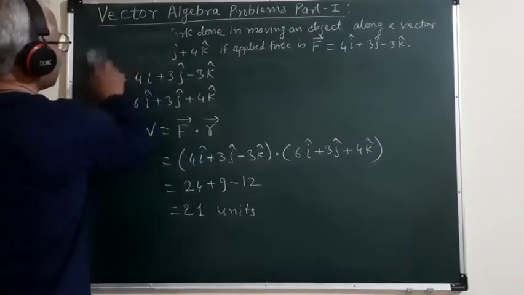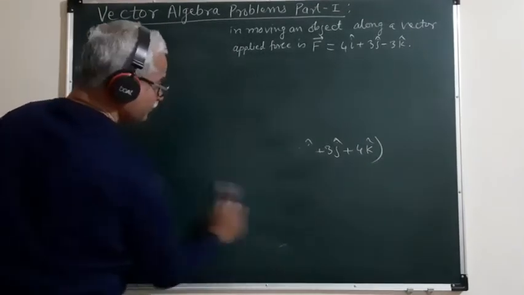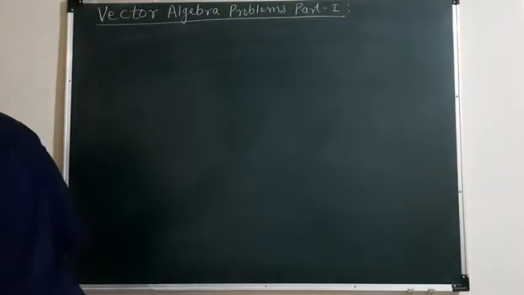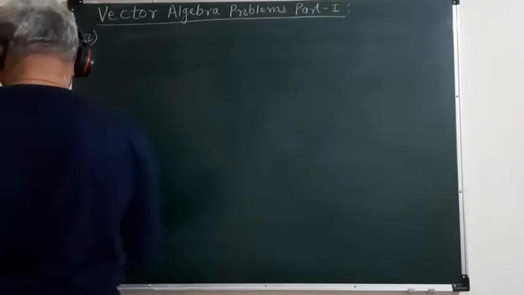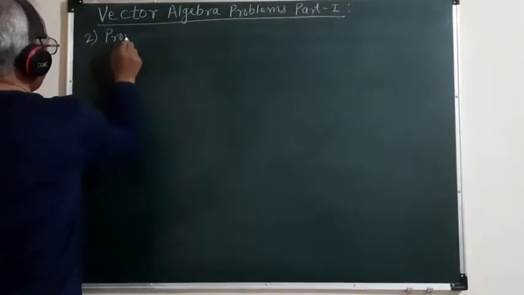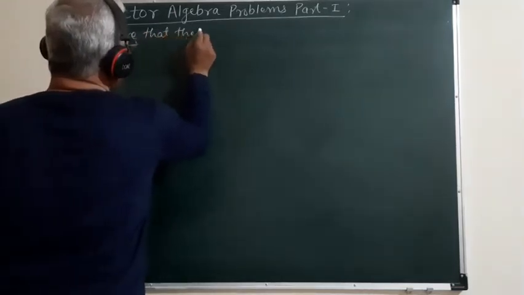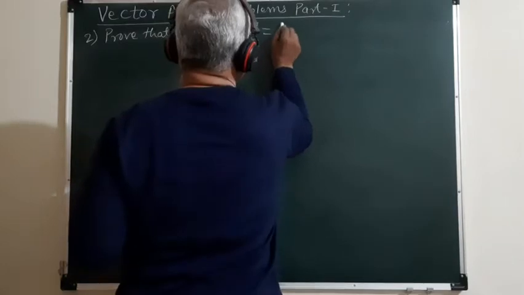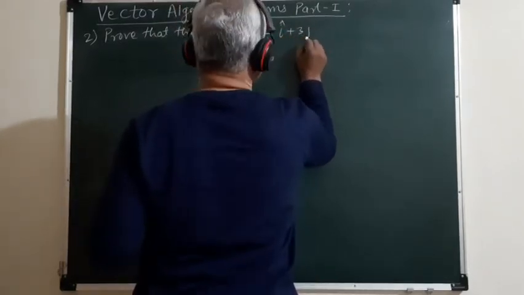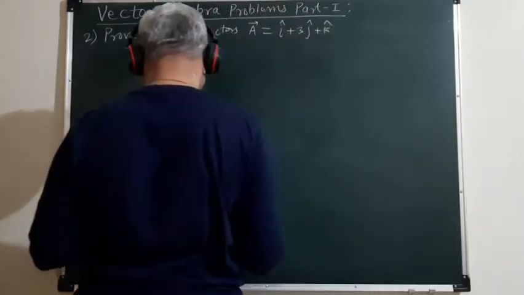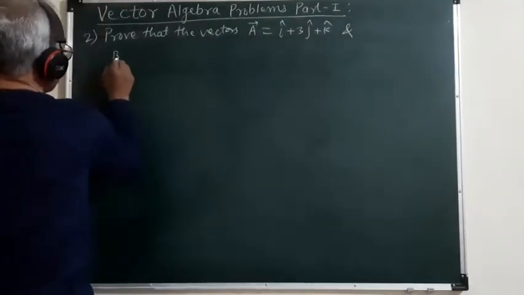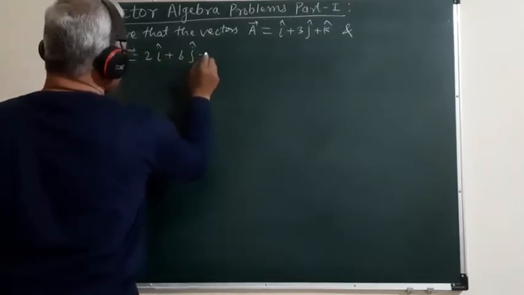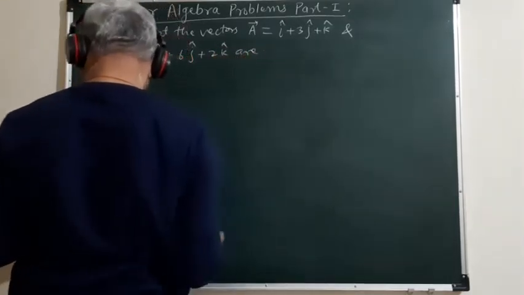Then see the second problem. Second problem is prove that the vectors given by A bar is equal to i cap plus 3j cap plus k cap, and B bar is equal to 2i cap plus 6j cap plus 2k cap are parallel to each other.